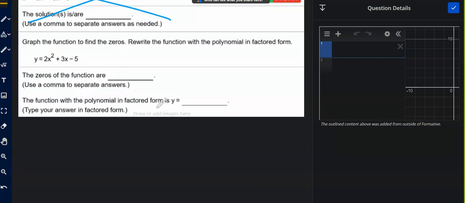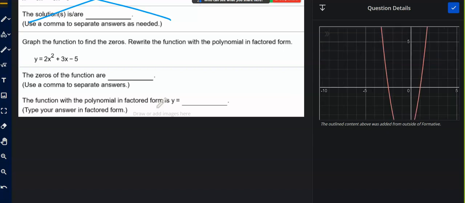Okay, since we're using a graph for this question, let's go straight to the graph and see if we can do this quickly. 2x squared plus 3x minus 5. Let's see if our graph gives us enough information from that.